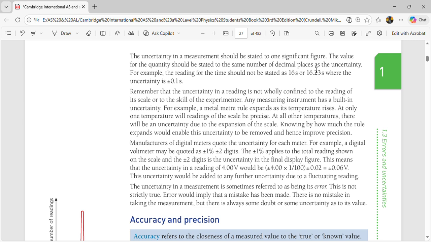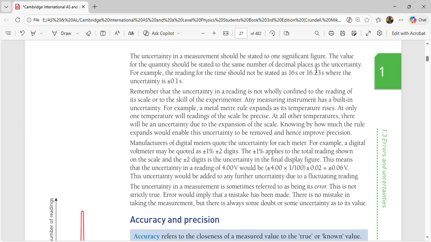Like if the uncertainty for time is plus or minus 0.1 seconds, obviously the value for time from a stopwatch should be recorded to 1 dp. For example, 5.8. Yeah, like that. Not 5.80, 5.81. No, it's 5.8.